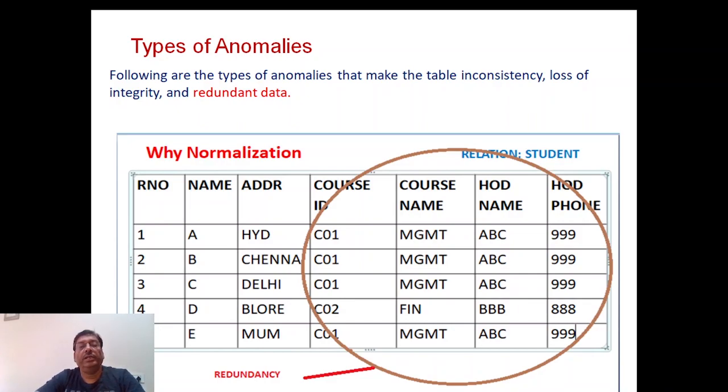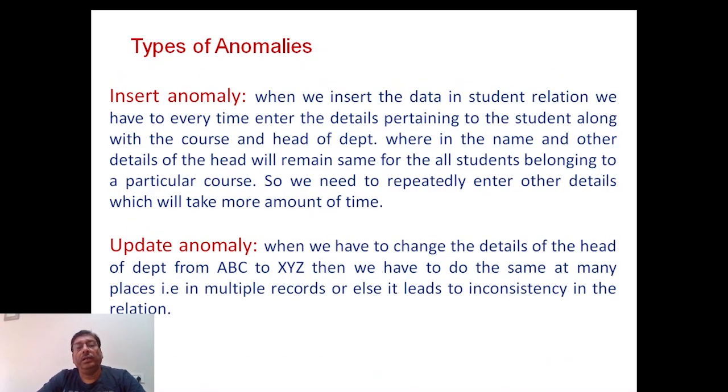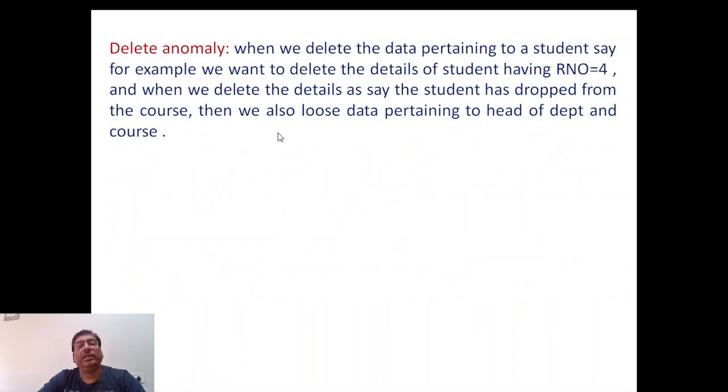In short again, whenever there is a change in the HOD, I need to make the changes at multiple places. And if I do not change at a particular instance, then my data is going to become inconsistent. So that is the problem we face whenever we try to update the data, what you call the update anomaly. Similar is the case when you try to delete the data.